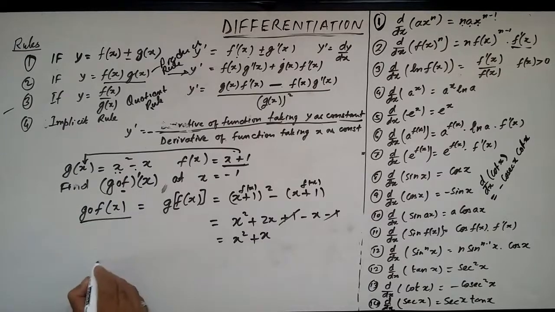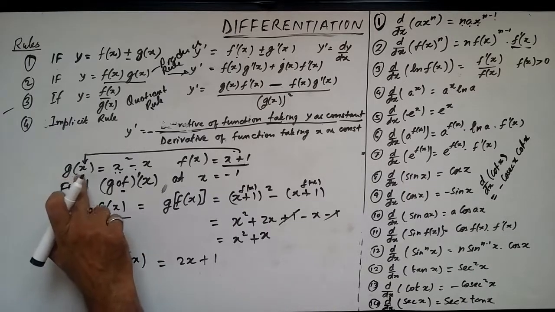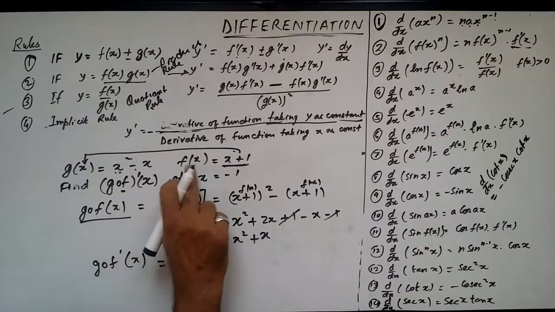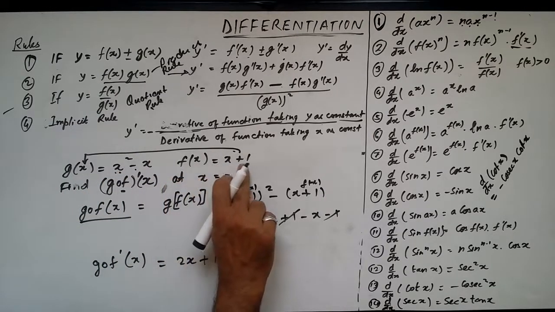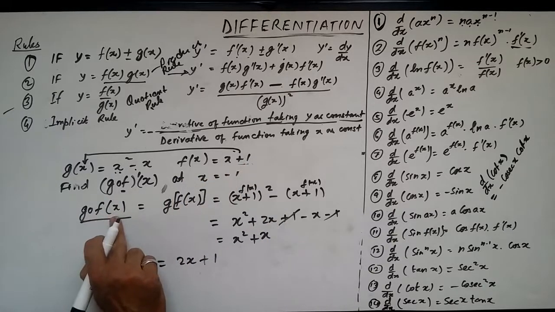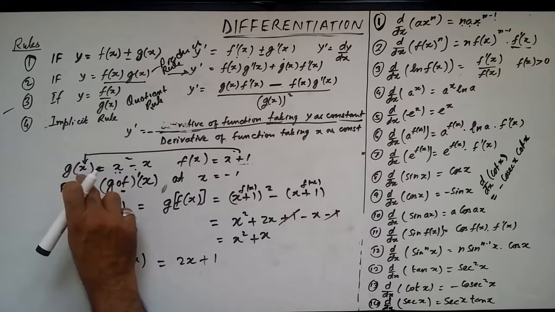Now, what is the derivative of the composite function? It is equal to 2x plus 1. Let me explain this problem again. We have a function g(x) which is x squared minus x, and a function f(x) which is x plus 1. The composite function g of f(x) means f(x) is the input to the function g.